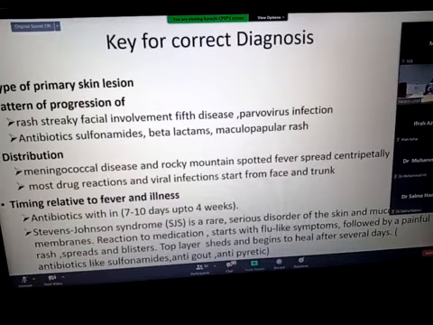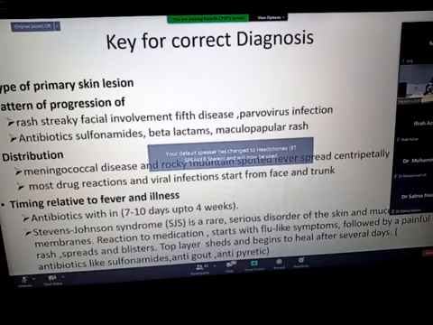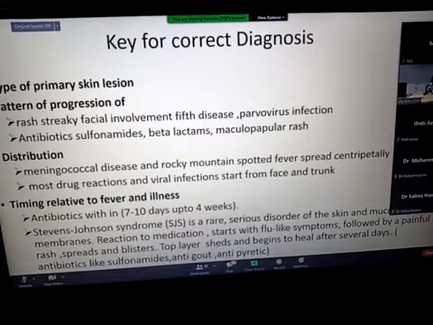That means away from the body, centripetally it goes, and most drug reactions and viral infections start timing of the rash relative to fever, relative to illness, like use of antibiotics in the previous 7 to 10 days, maximum up to 4 weeks.